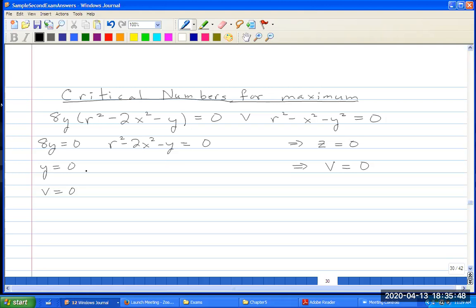So I'm going to get rid of these, because if we have a maximal volume, the maximum volume is going to be greater than 0 by our assumptions. Otherwise, the function would always be 0 because at the boundary it's 0. Okay, so I have here that y equals 2x squared minus r squared.